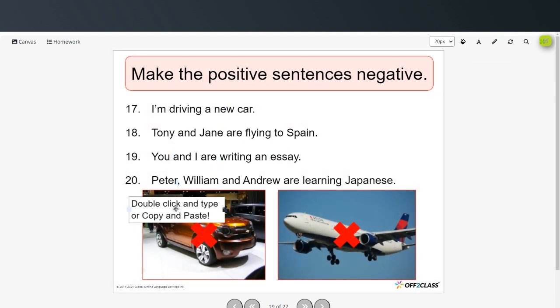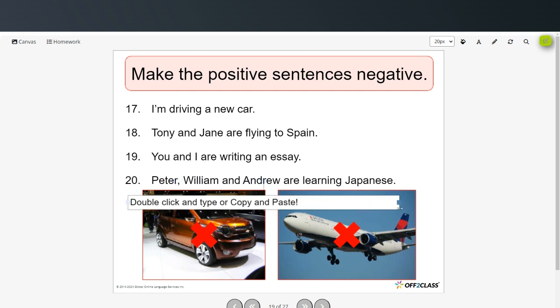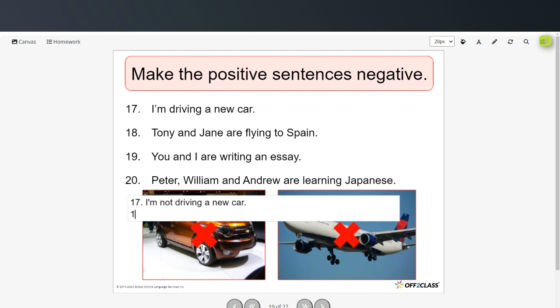Same thing here. Make the positive sentences negative. I'm driving a new car. I'm not driving a new car. Tony and Jane are flying to Spain. So Tony and Jane aren't flying to Spain.